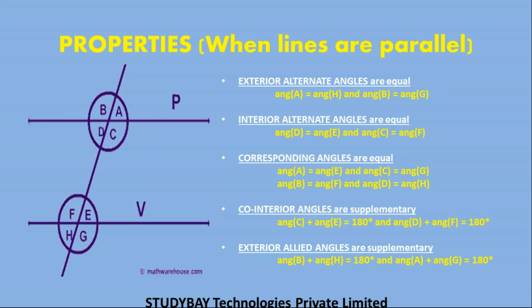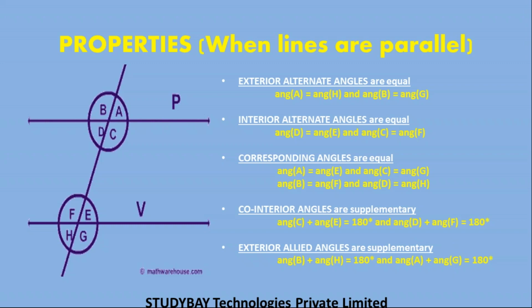Exterior alternate angles are always equal, that means angle A and angle H, angle B and angle G, right? Then interior alternate angles are also equal, that is angle D equals angle E and angle C equals angle F.